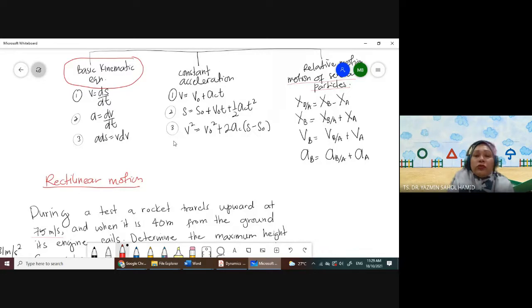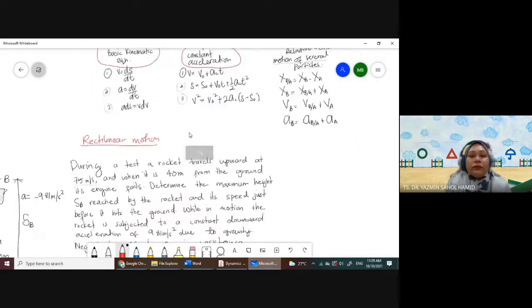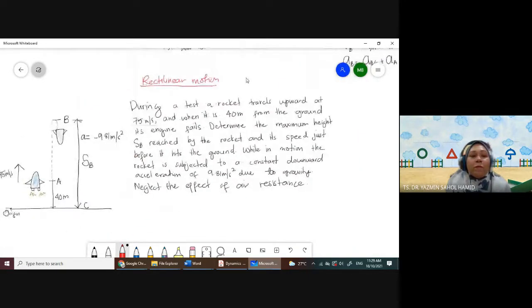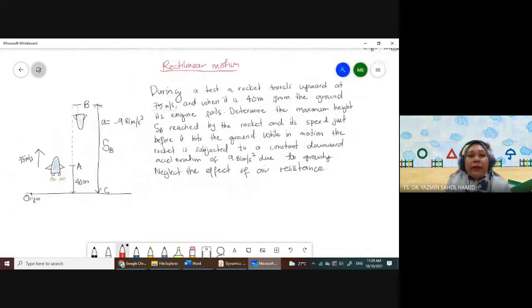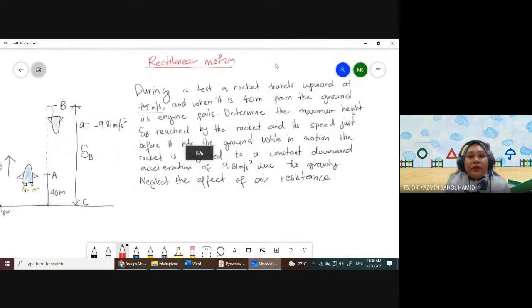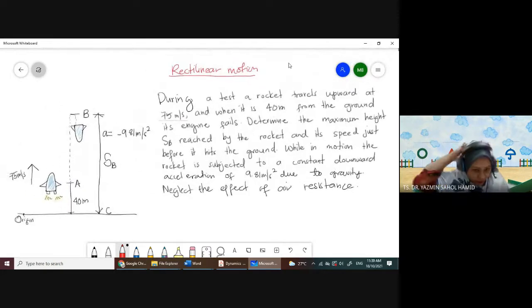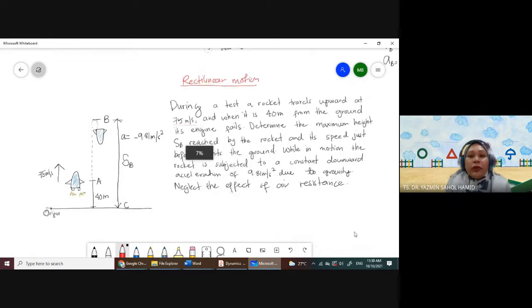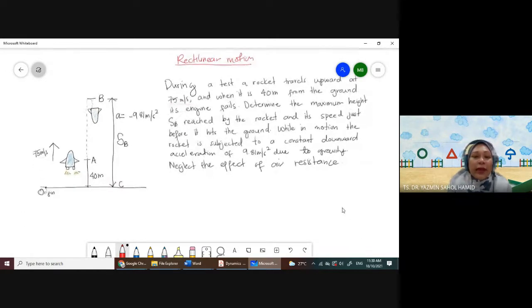Why do you choose the one with constant acceleration? Gravity. Yes.